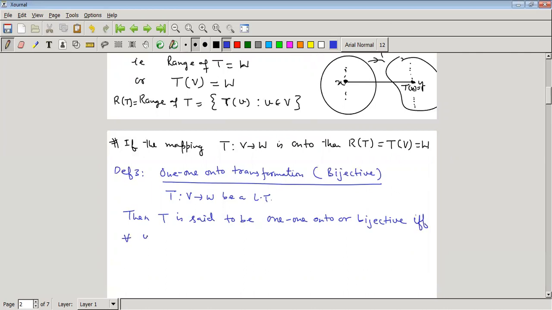for every y belongs to W there exists a unique x belongs to V such that T of x is equal to y. Or we can say if T is both one-one and onto, then it is called bijective.